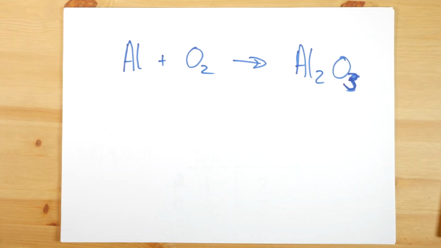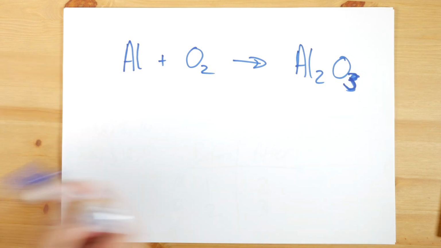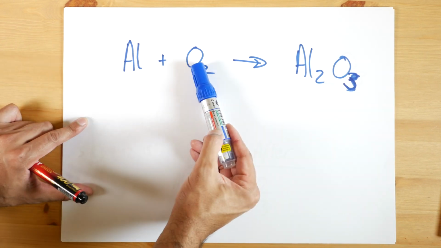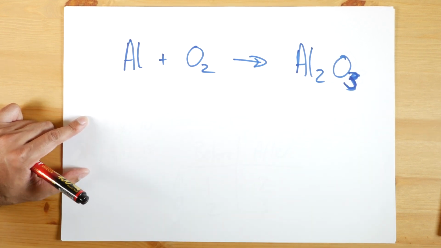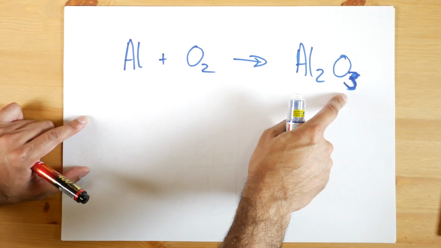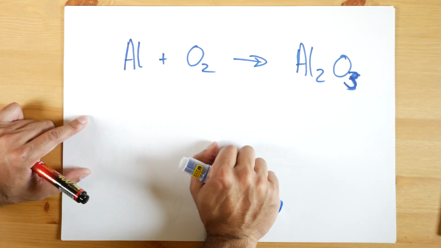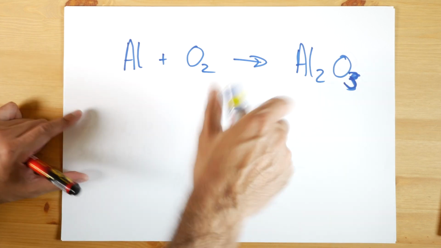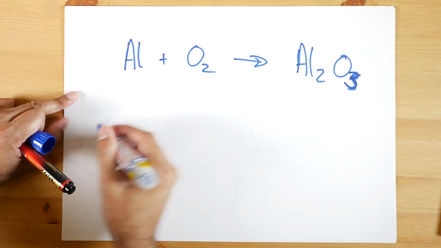Let's look at something a little bit more interesting. Excuse my poor handwriting here. But anyway, we've got Al plus O2 gives you Al2O3. Now, interestingly, we've got 2s and we've got 3s. And what we've got to do is find out the lowest common multiple of 2 and 3. What I mean by that is do the times table for 2.